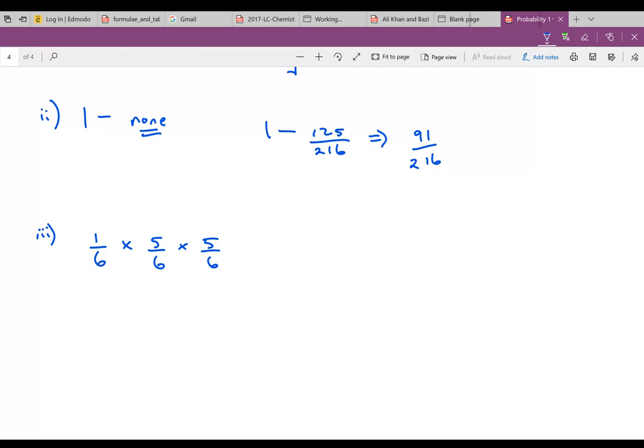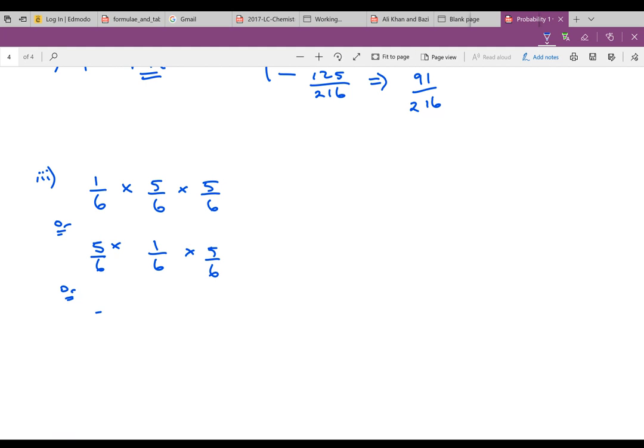Now I could also have that it is not a 6 on the first throw, it is a 6 on the second throw, and it's not a 6 again on the third throw. Or I could have, it's not a 6 on the first, it's not a 6 on the second, but it is a 6 on the third.